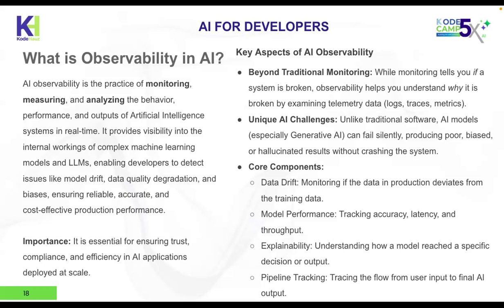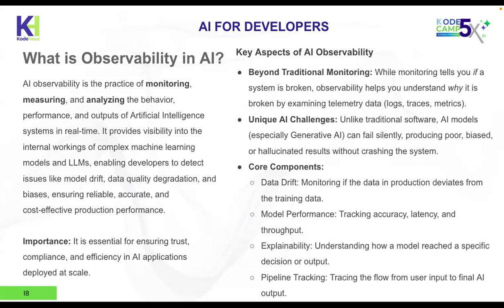If the production data deviates from the training data, that's what we call data drift. The model performance will get worse and worse because it is now seeing new data. It has to work with new data that it wasn't trained on. So you need to know about that and figure out what to do, whether to refresh the model and retrain it, or fine tune it.